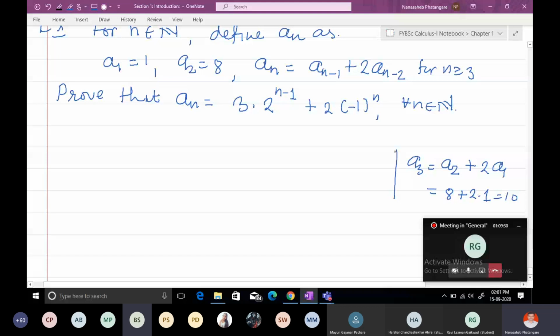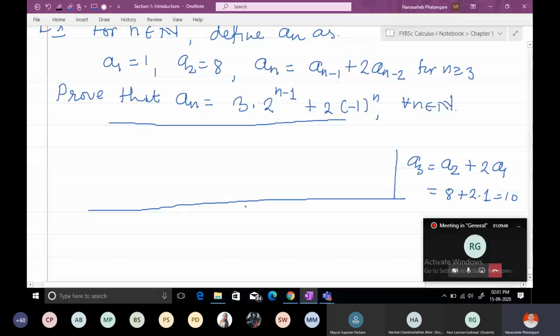The claim is to prove that all these a_n can be expressed in this form: a_n is equal to 3 times 2 raised to n minus 1 plus 2 times minus 1 raised to n. So you think about this problem because you know the induction hypothesis, and we'll discuss more problems during our practical sessions. So we'll not spend our time solving problems, right?